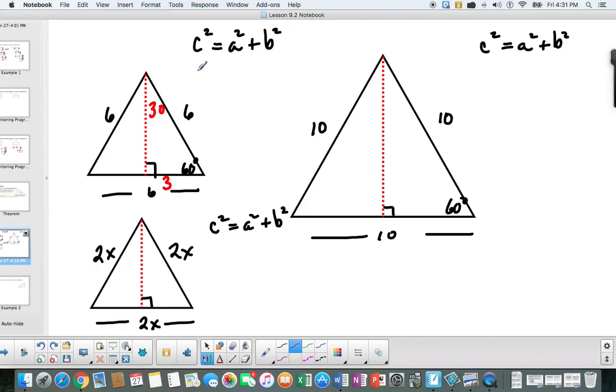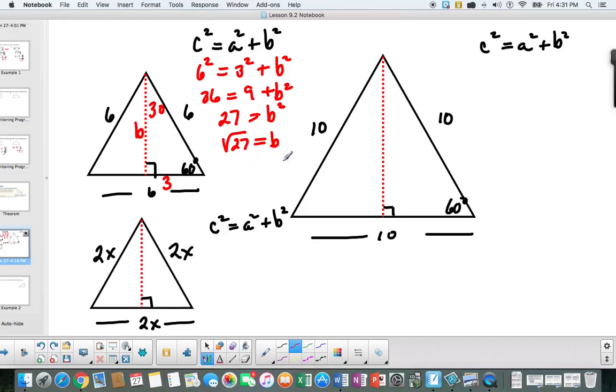So I know that this is going to be 6 squared equals, and I'm going to call this b because I'm looking for it. So this is 3 squared plus b squared. And so this is going to be 36 equals 9 plus b squared. B squared is equal to 27, and when I take the square root of 27, that's going to be 9 times 3, which is 3 root 3.